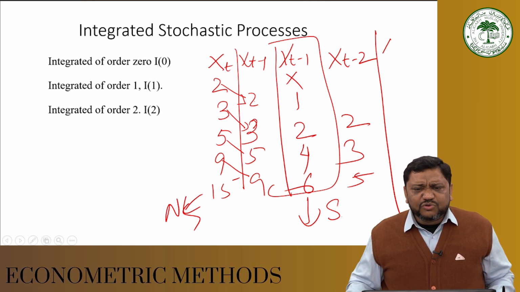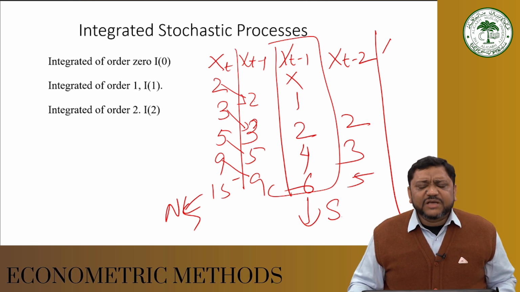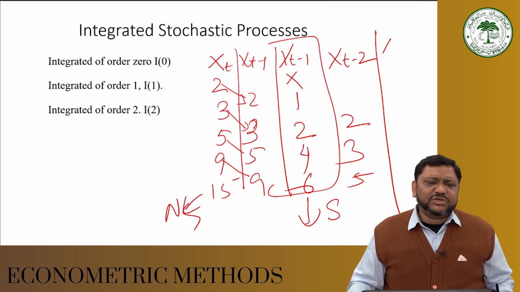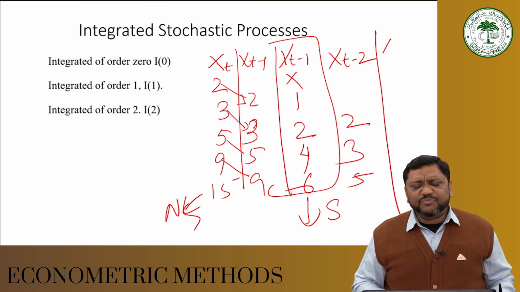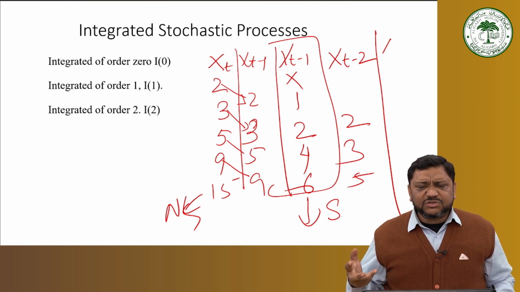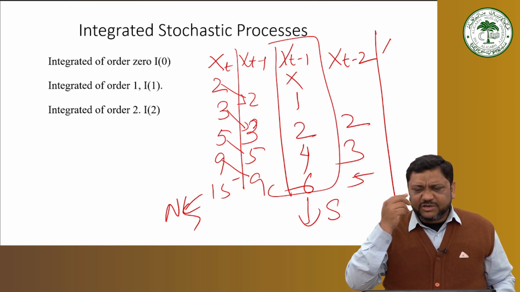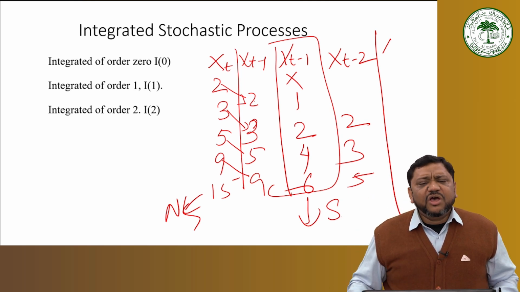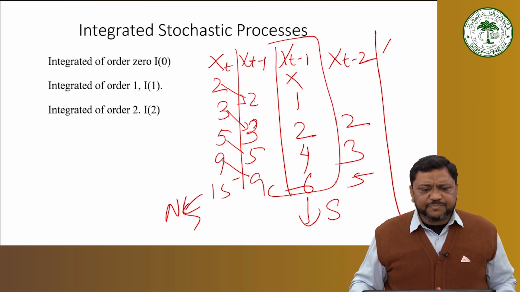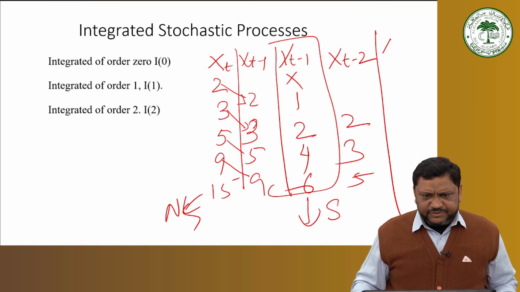So we will be referring to I0, I1, I2 just to give a feel whether it is a stationary process, or a non-stationary process which becomes stationary after first order differencing or after second order differencing, and likewise.